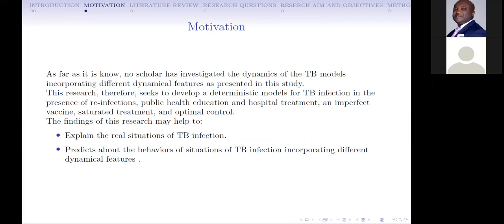This research therefore seeks to develop a deterministic model for TB infection in the presence of reinfection, public health education, and hospital treatment, imperfect vaccine, saturated treatment, and optimal control. The findings of this research may help to explain the real situation of TB infection. It will predict the behaviors of TB infection, incorporating different dynamical features.